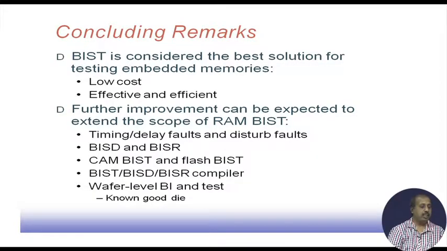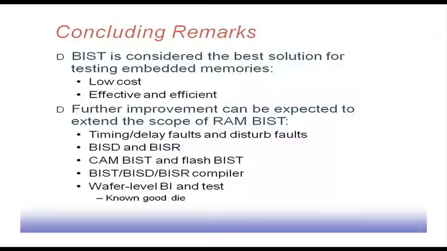Then content accessible memories: for them BIST is a challenge, because the way they are accessed is different from this DRAM, and for a flash memory also they are different. So, accordingly we will have to have different types of BIST technologies. Then BIST, BISD, BISR compilers are to be there, because in that case they will get automatically introduced into the memory. Okay.